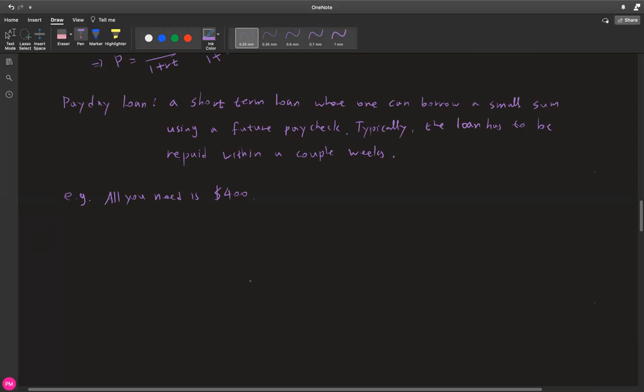But as a college student, obviously you're broke and you have no savings. So you decide to go to a cash advance company and borrow money.